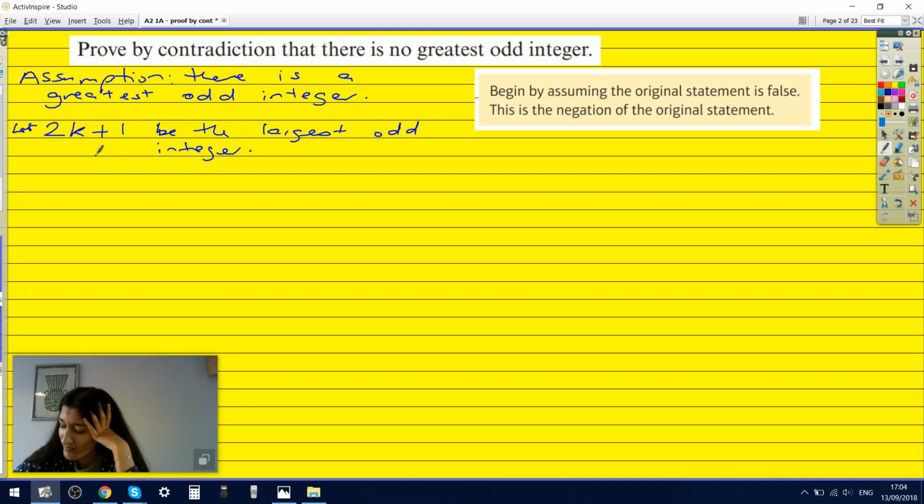Would you just add 2? If we were to add 2 to this, 2k plus 2 plus 1, and factorize out 2. I don't know what they're looking for. Let's take a look.